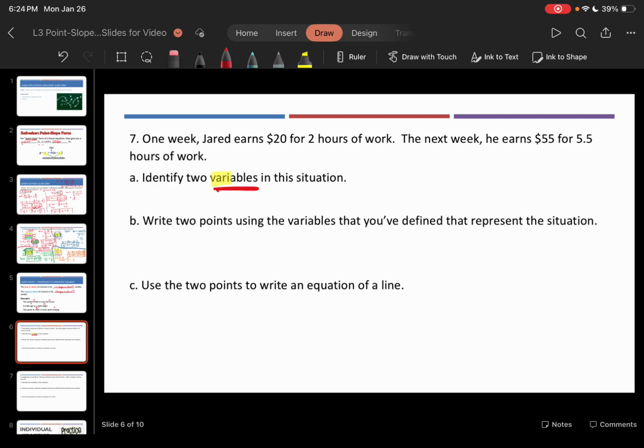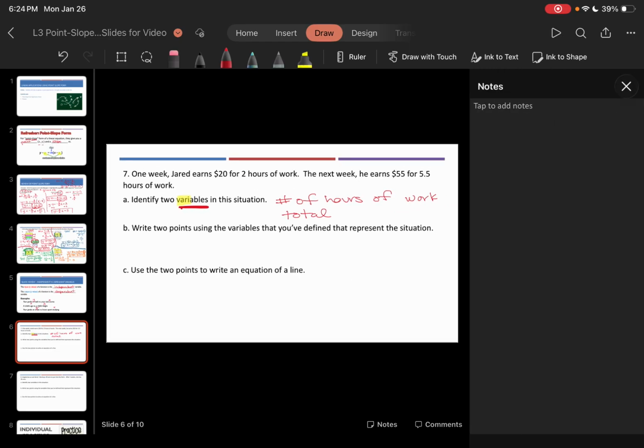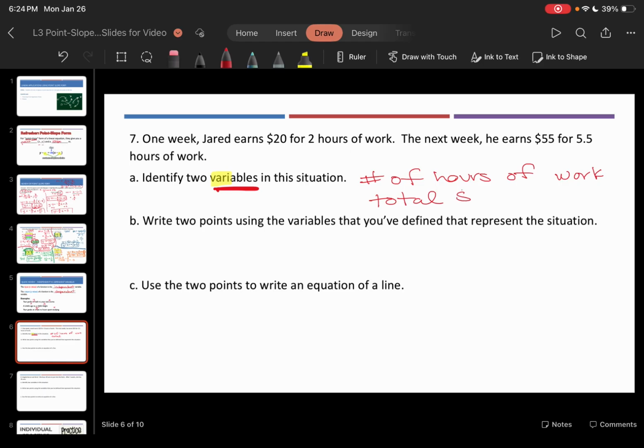So my two variables are the number of hours of work and the total amount of money he makes in that week. So let's think about independent versus dependent.